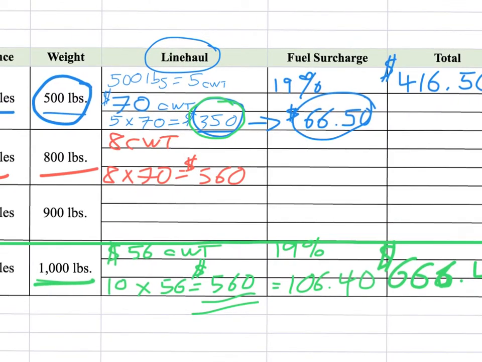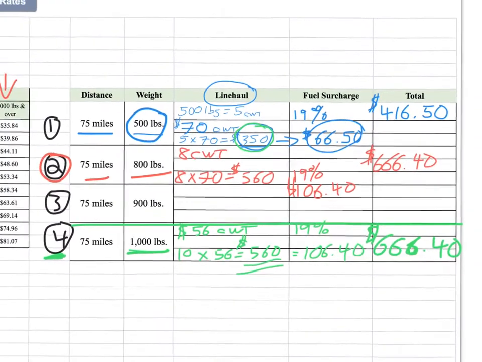Now we add in our fuel surcharge of 19%, which in this case ends up being $106.40. So what does our total end up being? So our total under scenario number 2 ends up being $666.40.